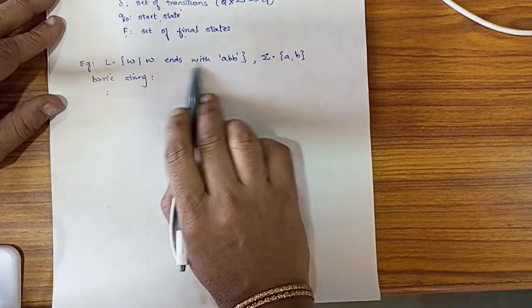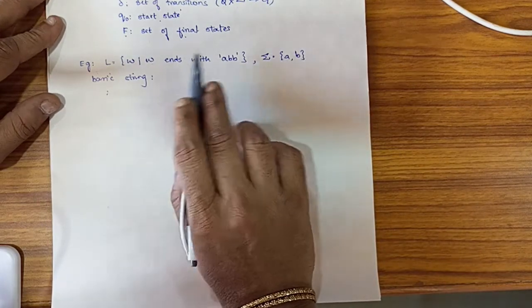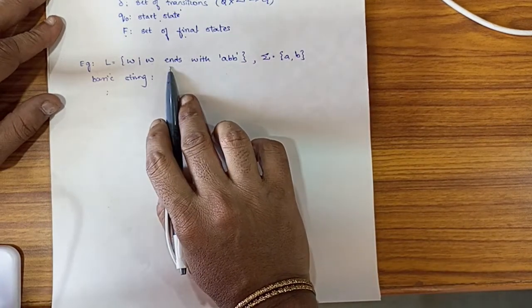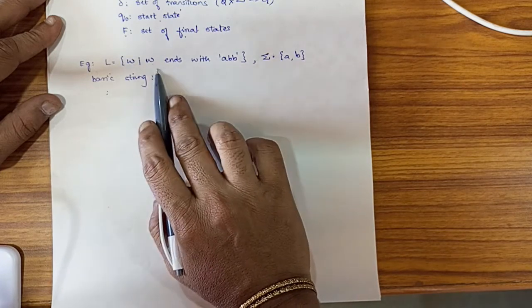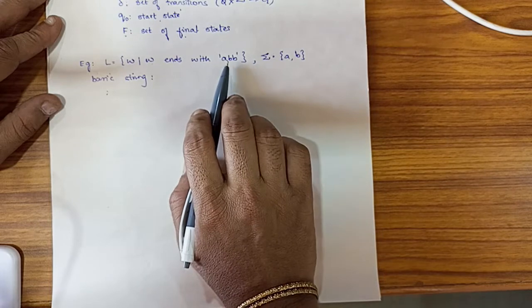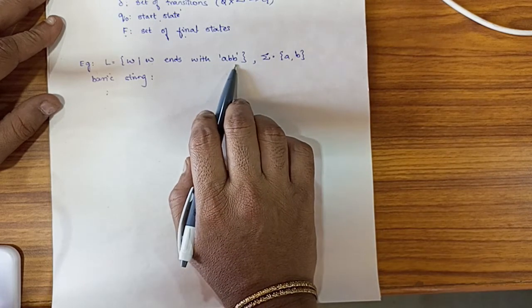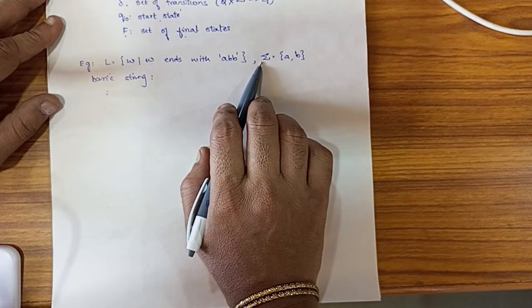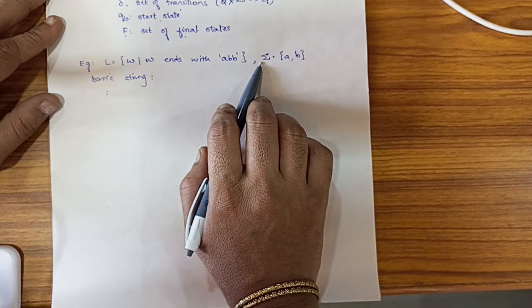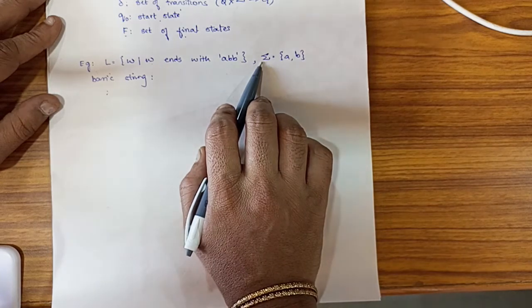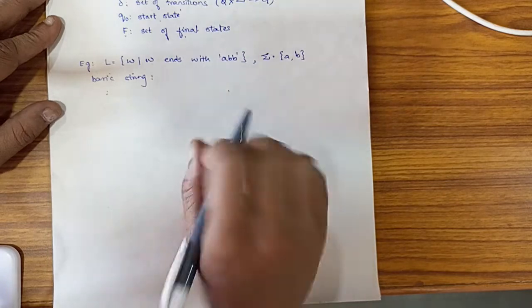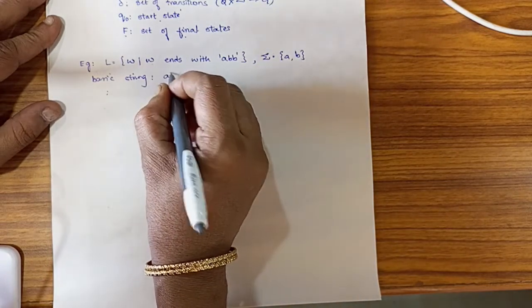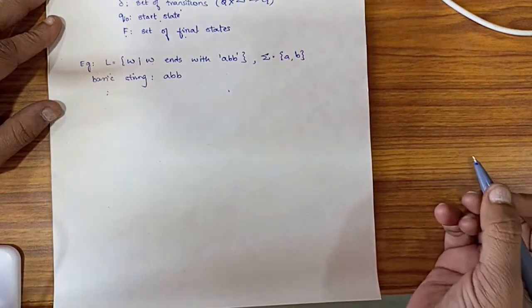Since the condition says ends with ABB, I can start with anything, and that anything can be null as well. So let's say I have an empty string, and then I get ABB as the 3 letters, and then I have nothing. That means ABB is the minimum string that has to be accepted by this DFA.